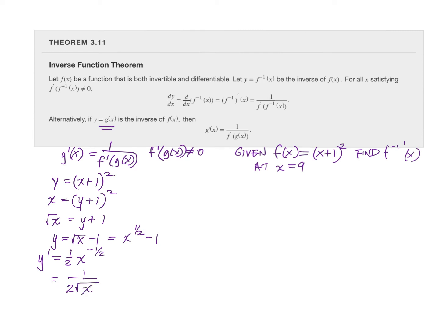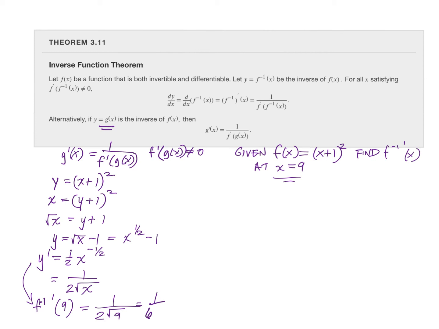And we want to find that at 9, so instead of calling this y prime, I'm going to call this f inverse prime, and we want to find that at 9, and that would give me 1/(2 times the square root of 9), which is equal to 1/6. Okay, so that's our first way of doing it.